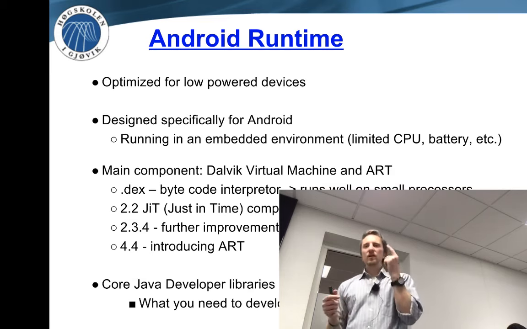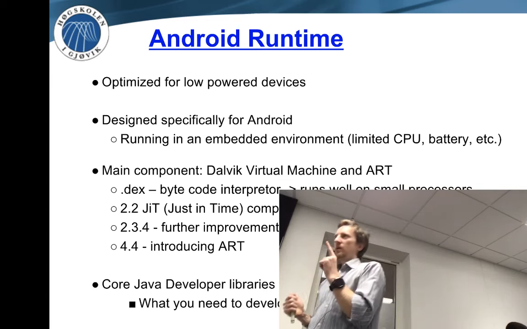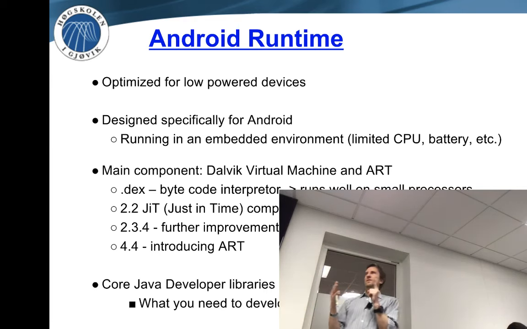So if you only have one core and you're balancing those two things, usually pre-compilation works better. Usually waiting a little longer when things load, then pre-compiling and running, is a better strategy.